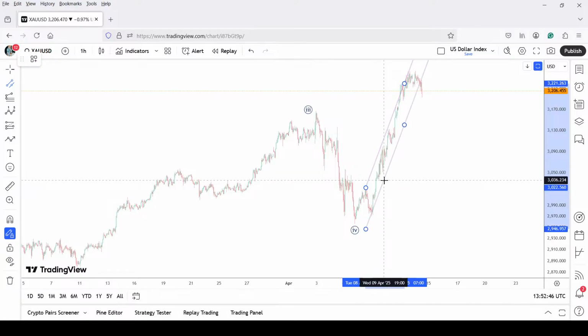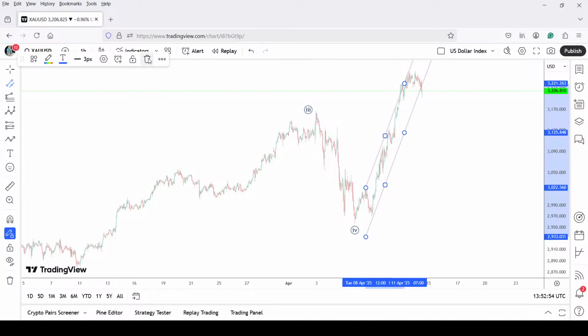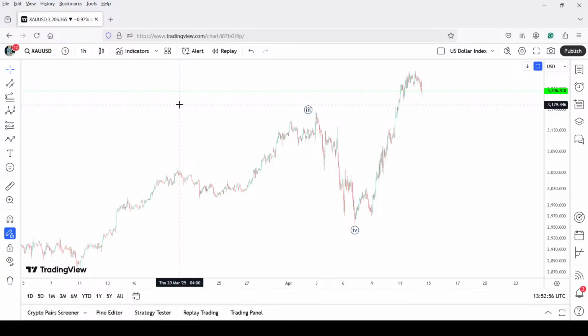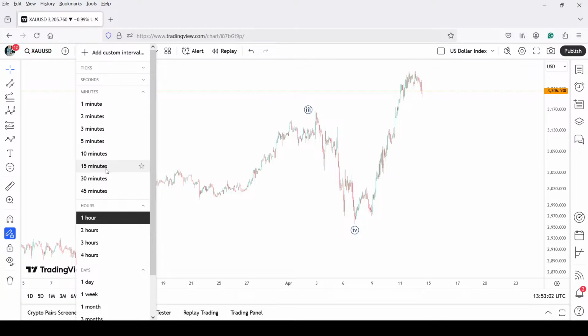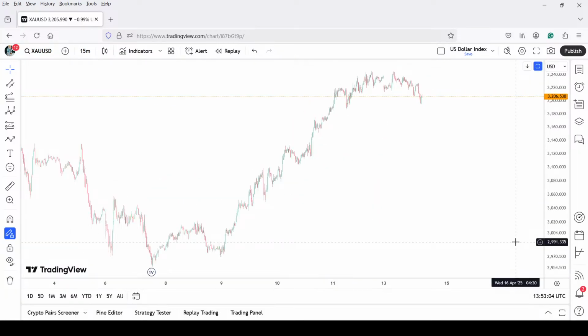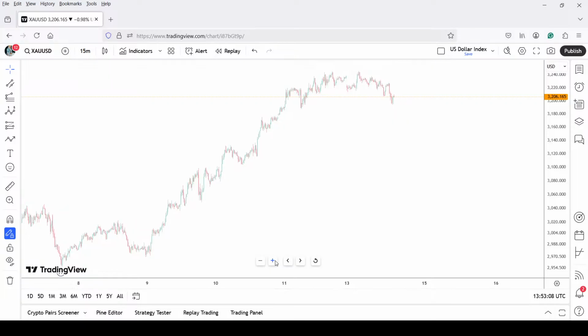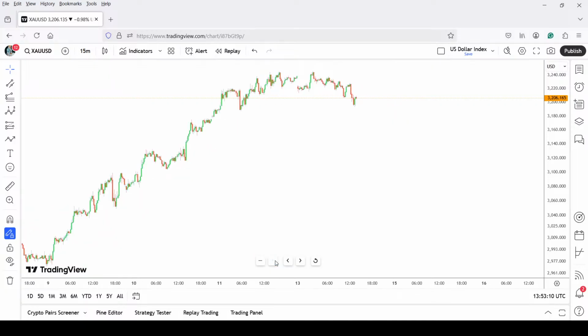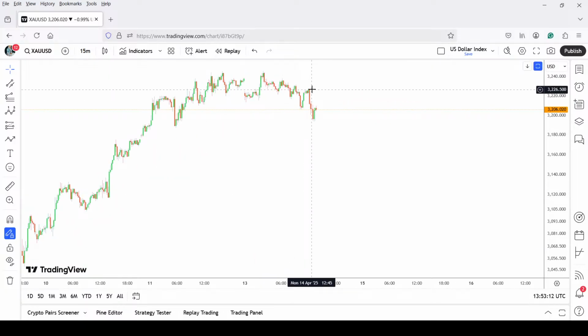And if we go by the channel, price action is just about testing the channel support. Slight penetration on the south side, but that's okay. If we go on a 15 minutes time frame and see what is happening there, the first resistance is seen around the 3226 mark.